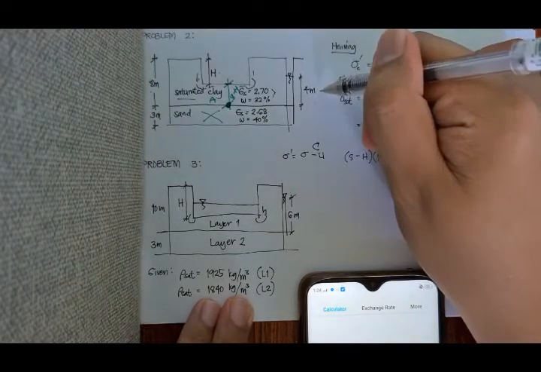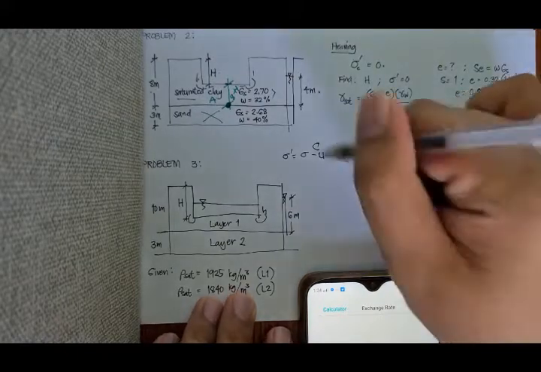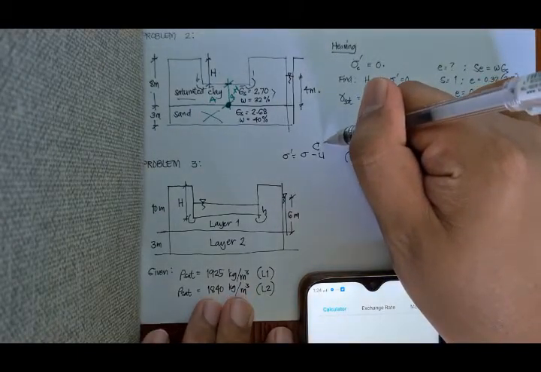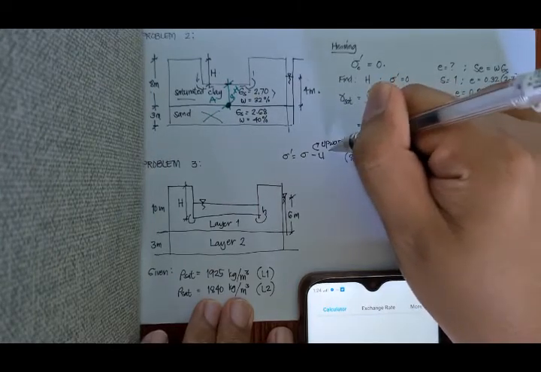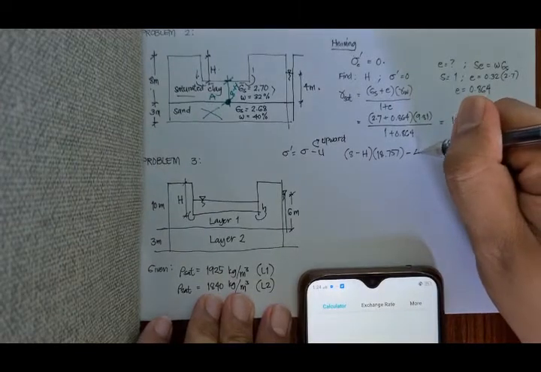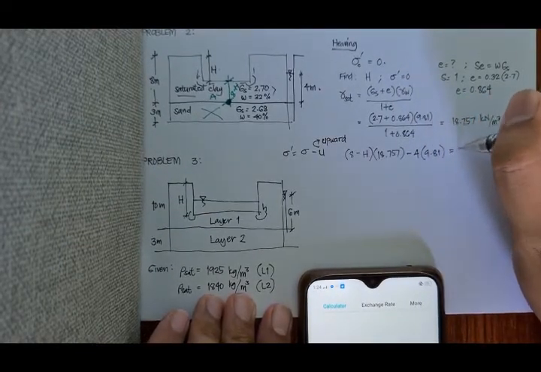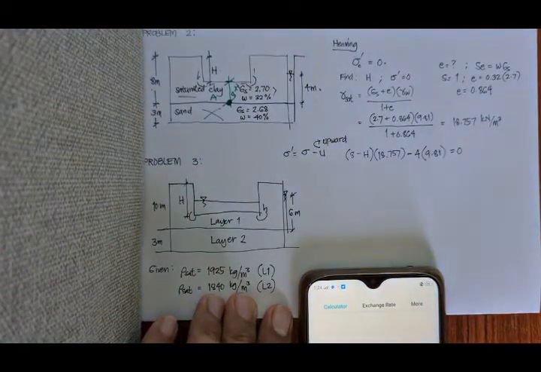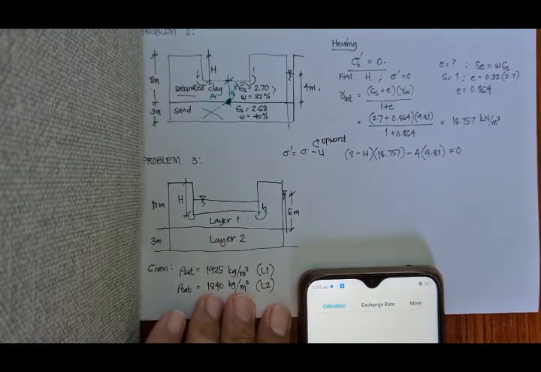Nagkakaroon ngayon ng presence of water dito sa 4 meters na artesian pressure. So, ibig sabihin, ito ay upward seepage. So, yung upward seepage natin, meron tayong minus 4 times 9.81 is equal to 0. Since ang kailangan natin for heaving, 0 ang effective stress.